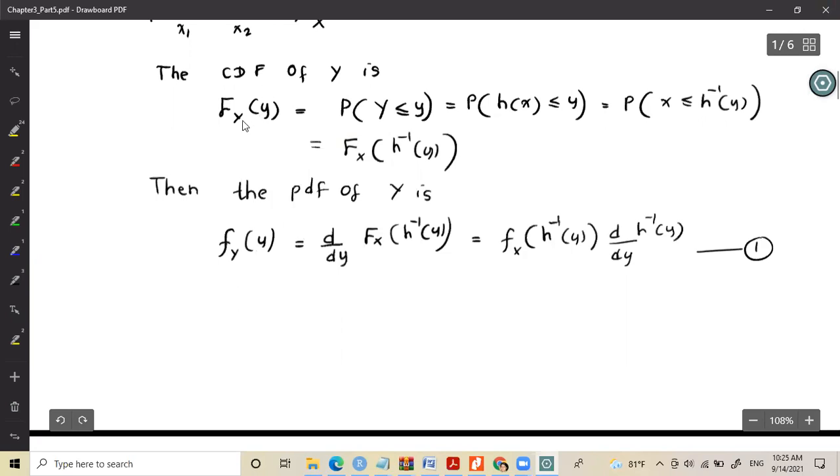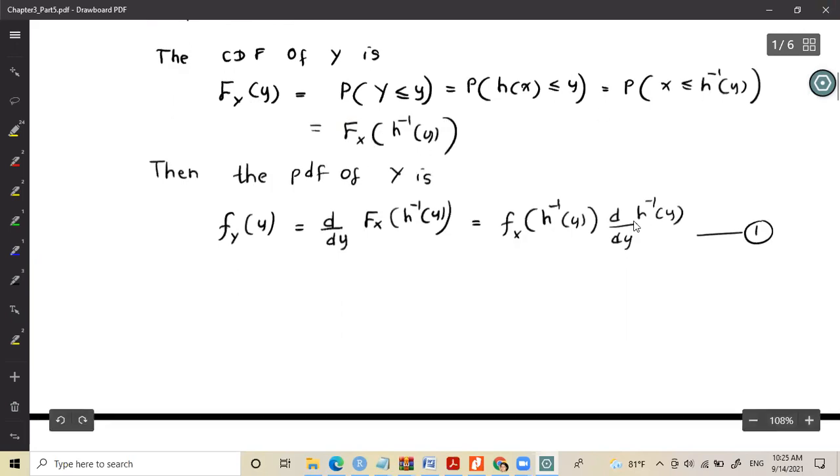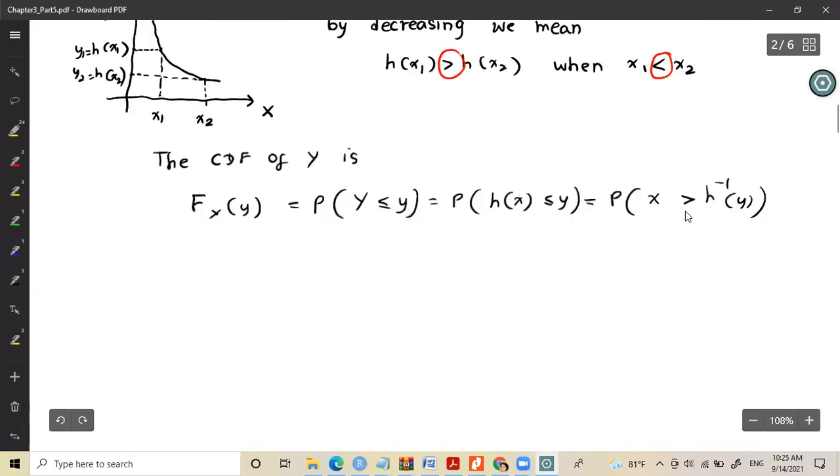So you can take the first derivative and get the PDF of y. So you have to write your Fy in the form of the CDF of x. Okay, now if you look at this definition, it is greater than, but the CDF is always the less than. So what should we do in order to make this x less than h inverse y? How do you convert this to the less than sign?